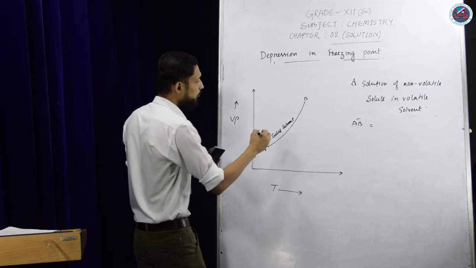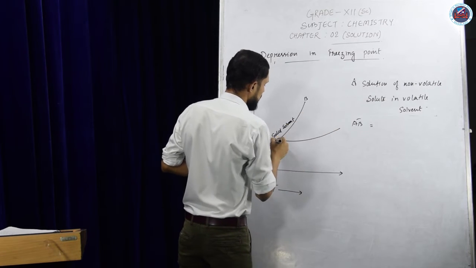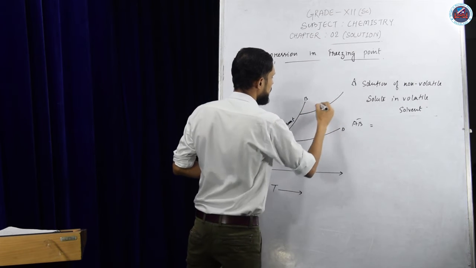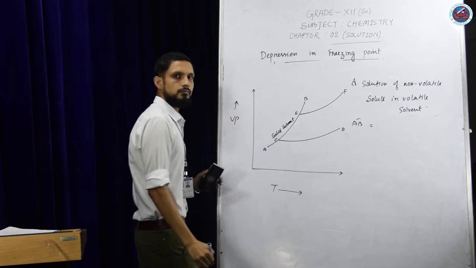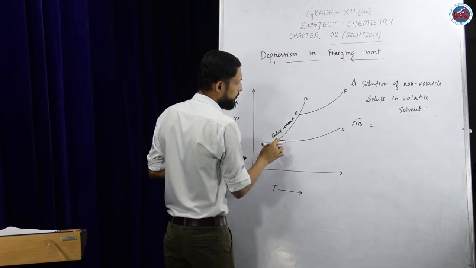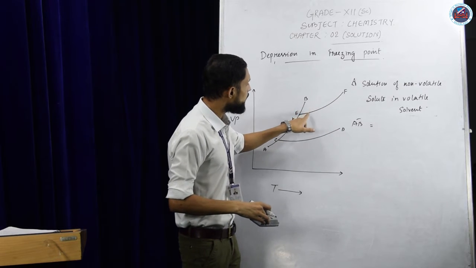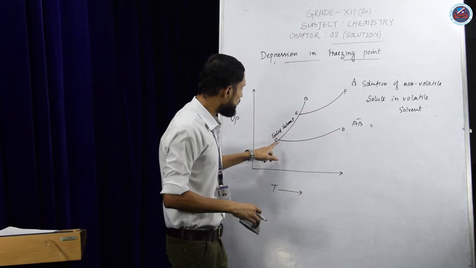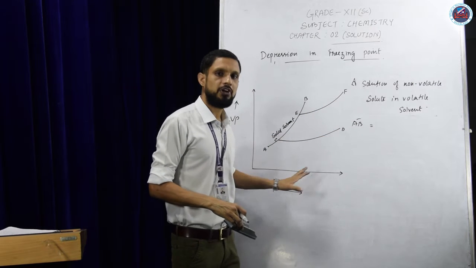Then curve CD and curve EF. From CD and EF, the vapor pressure of EF is always greater than the vapor pressure of CD at any given temperature.